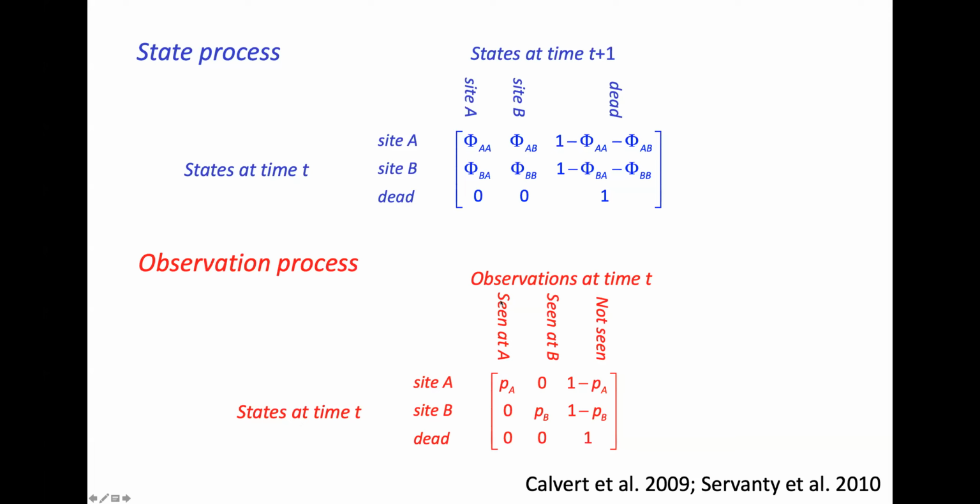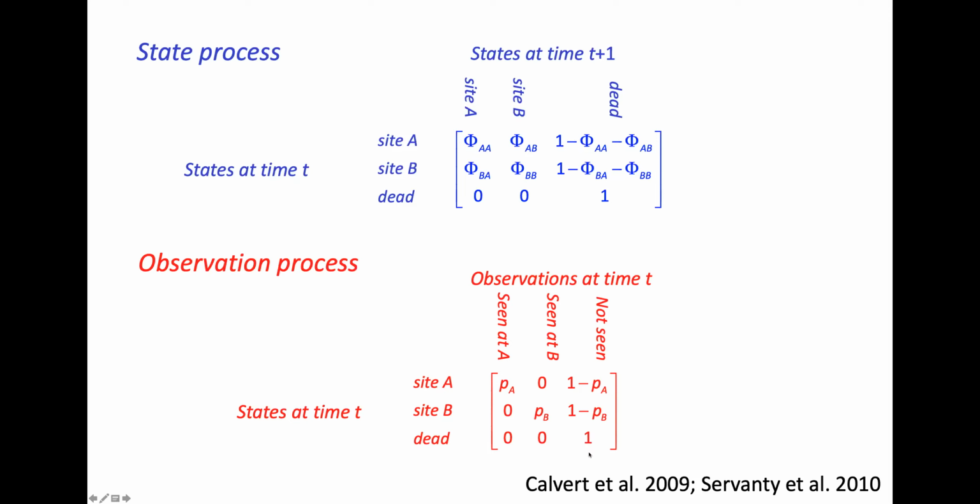So you are seen at site A with probability PA, or you're seen at site B with probability PB, given that you are alive in site B, or you're not detected, given that you're alive in site A with probability 1 minus PA, or given that you are alive in site B with probability 1 minus PB, or if you're dead, the only option you have is to get undetected with probability 1.